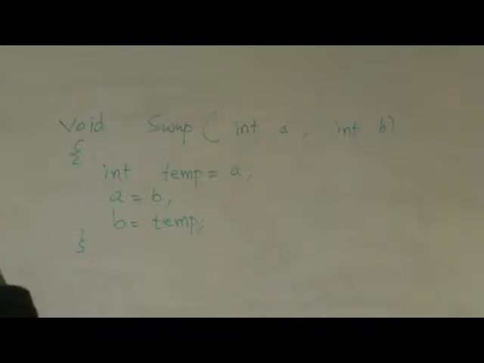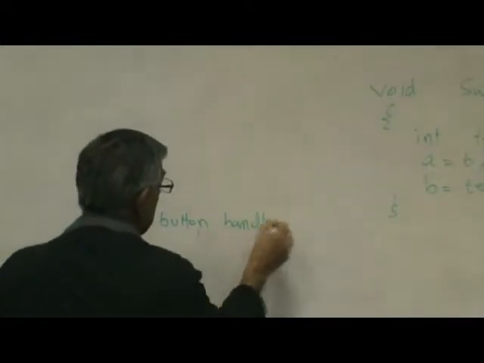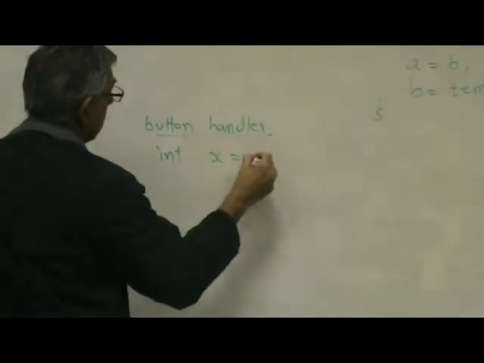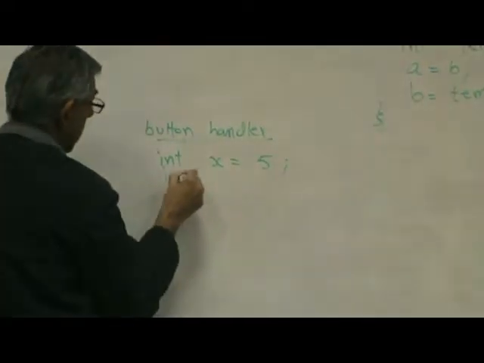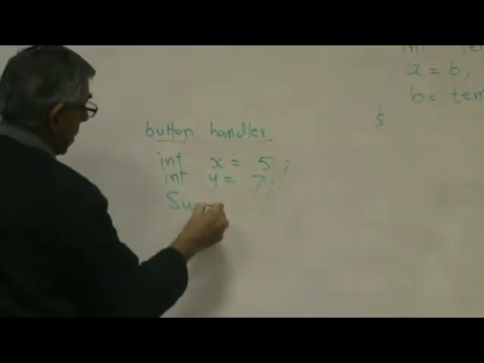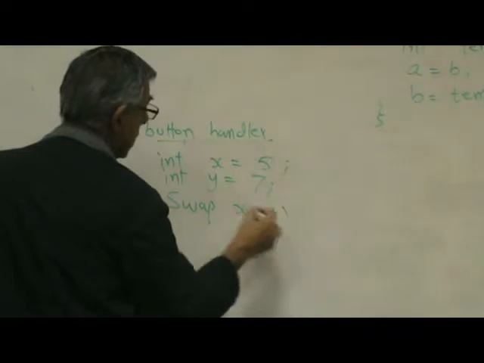Now your test code, the code that will try to call it, might look like this in some kind of button handler. Int x equal to 5, int y equal to 7. And then you will call swap of x comma y.